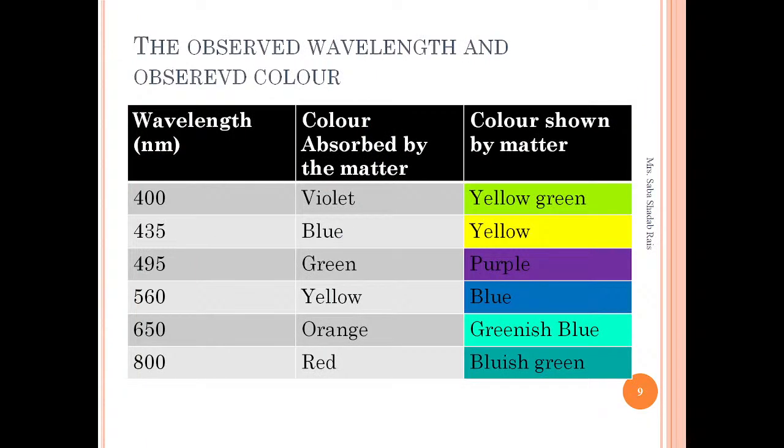I'm so sorry. Now what is this complementary color? For example, when you are measuring the concentration of substances, the substance must be translucent. It should neither be transparent nor opaque.